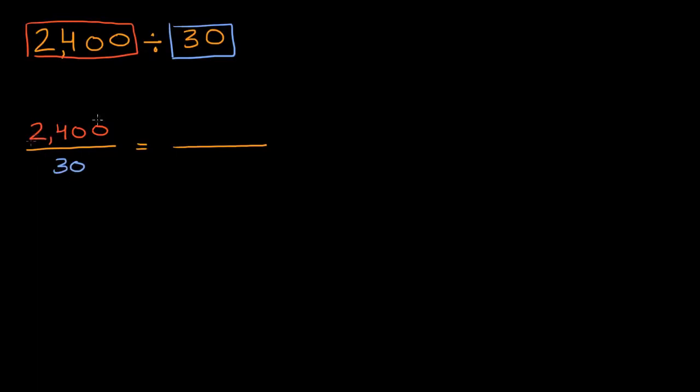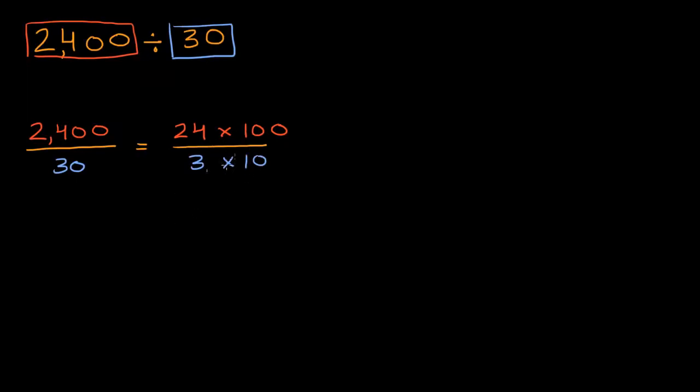So 2,400 is the same thing as 24 times 100. I've got these two zeros at the end, so you could view this literally as 24 hundreds. And then 30 you can view as 3 tens. The 3 is in the tens place. So 3 times 10.